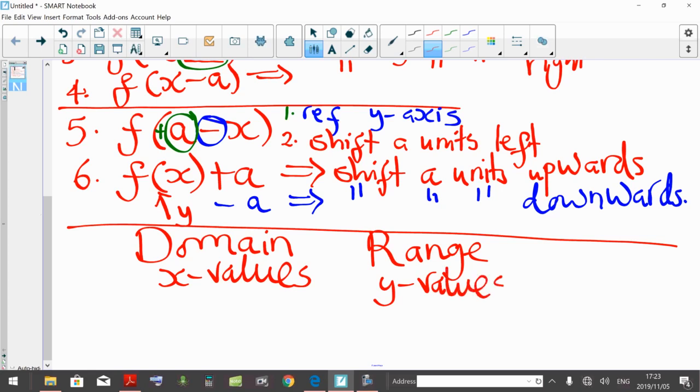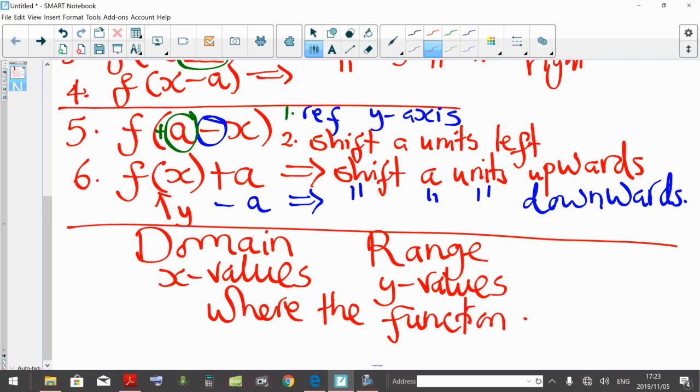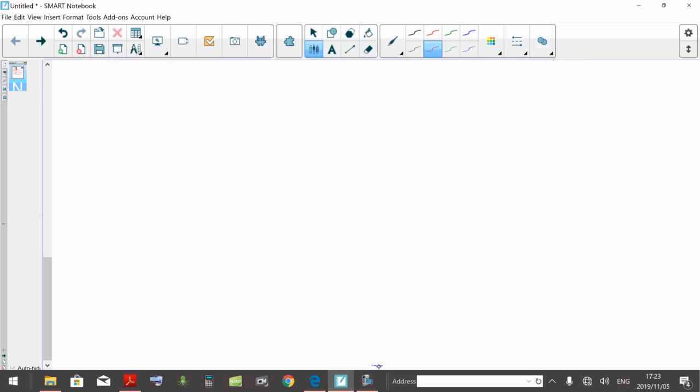However, these are not just x and y values. These are values where the function is defined or where the function exists. And we basically have 4 functions.